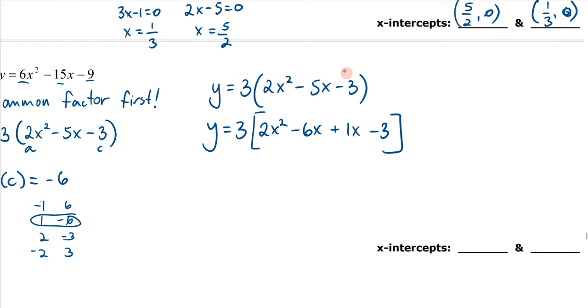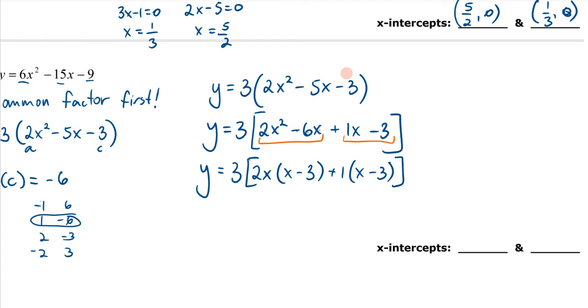I'm going to group these two terms inside the square brackets and these two terms inside the square brackets. Then we have y equals 3 times, what's the common factor between 2x squared and minus 6x? Well, that common factor is 2x, so 2x, round brackets, 2x squared divided by 2x is just x, minus 6x divided by 2x is minus 3. And here in the next two terms, the common factor is a positive 1, and so we'll say it's x minus 3.